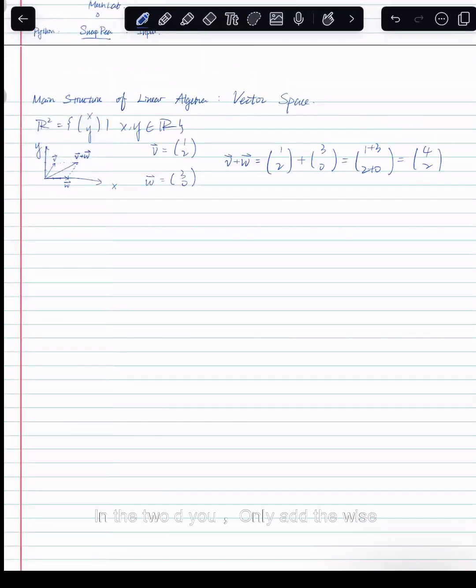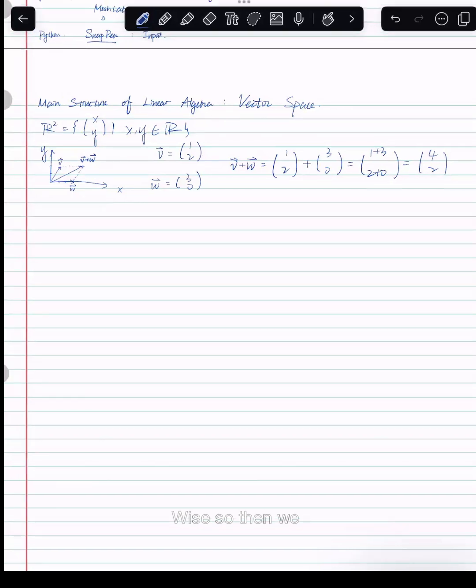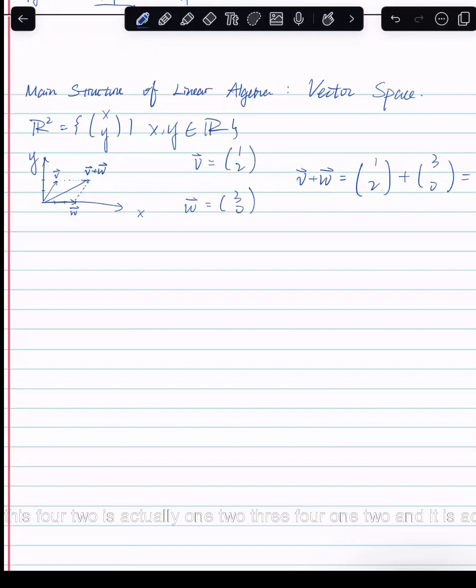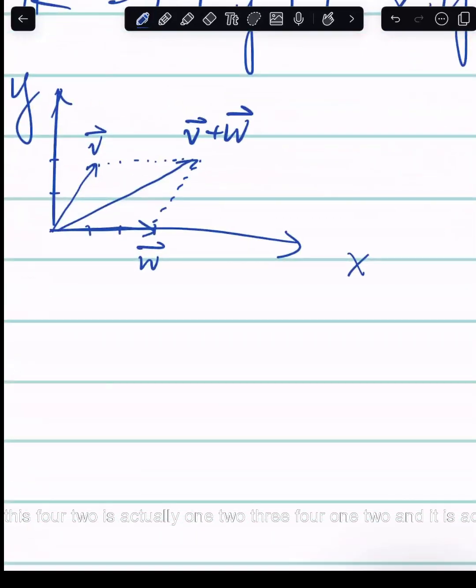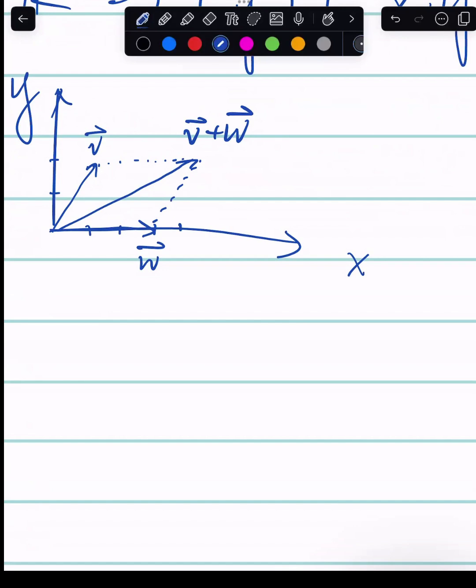So vector addition in 2D, you only add the y's? Oh no, you add both of them. We add x's and add y's. Then we can actually draw this. 4, 2 is 1, 2, 3, 4 and 1, 2, and it is actually this vector.